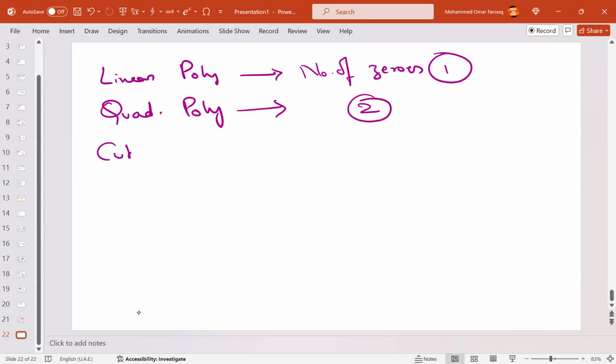For a cubic polynomial, what is the degree, my dear students? 3. Therefore, the number of zeros will be 3. For linear, degree is 1 and number of zeros is 1. For quadratic, degree is 2 and number of zeros is 2. For cubic, degree is 3 and number of zeros is also 3. Understood?